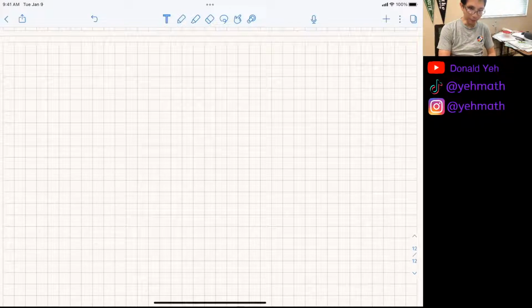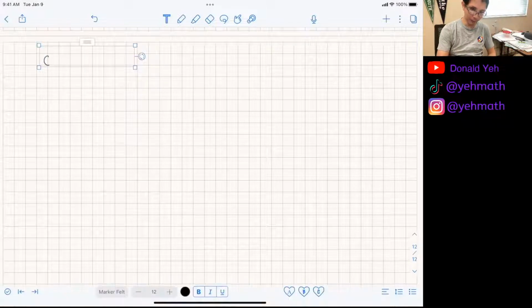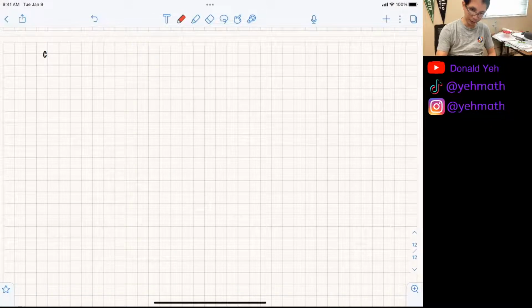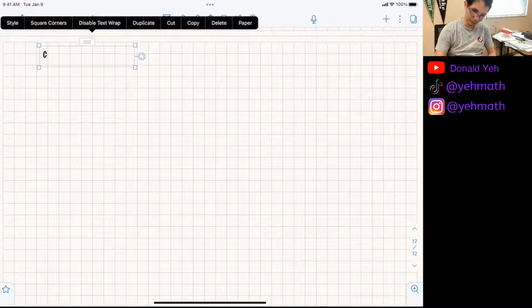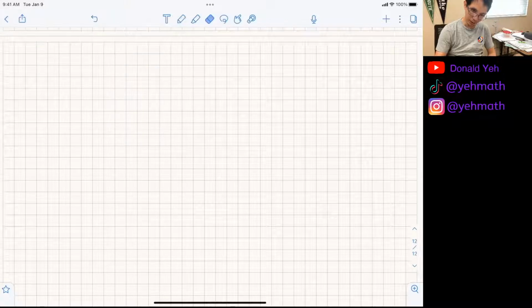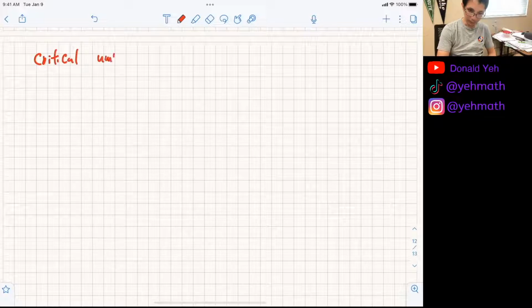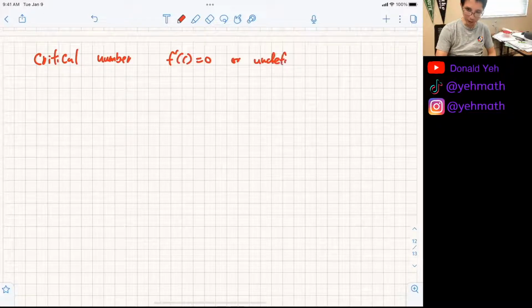Can you find critical numbers? Which is f prime of c is equal to 0, or undefined, because it means the denominator of f prime of x is equal to 0.